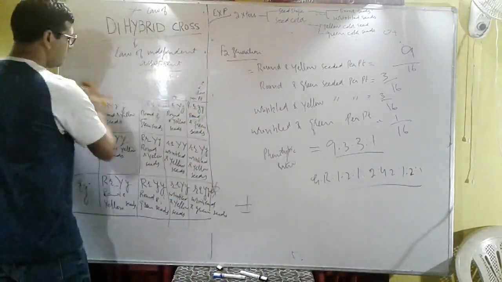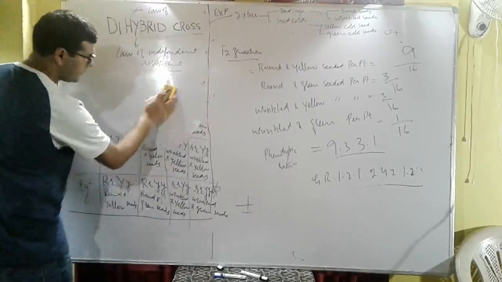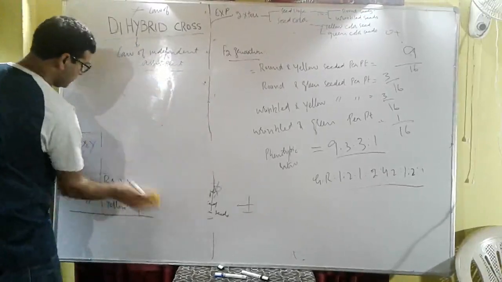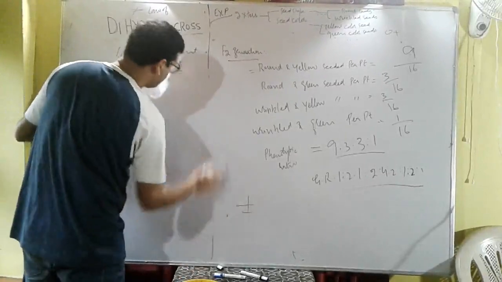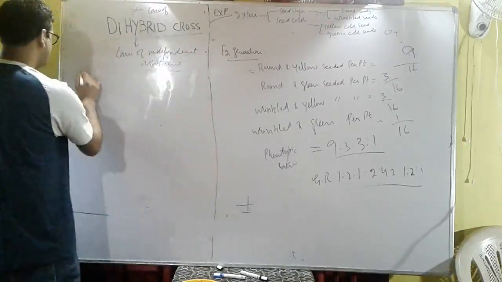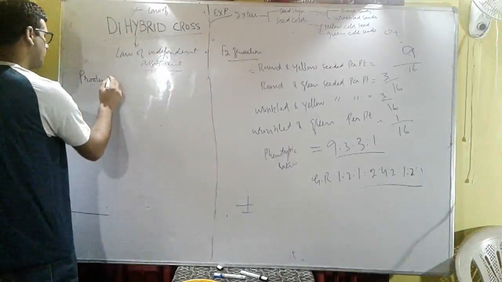We can also say that the inheritance of two characters follows the Product Rule.